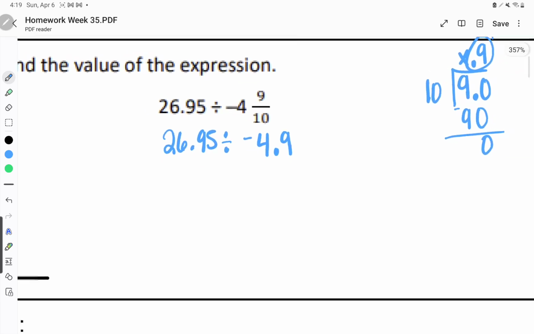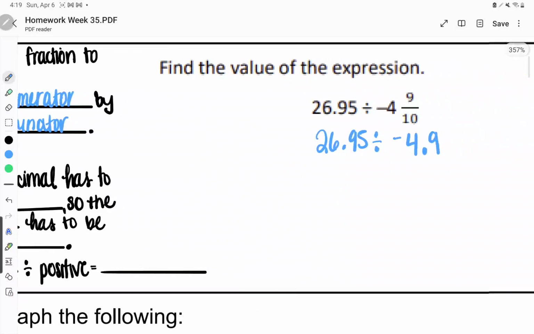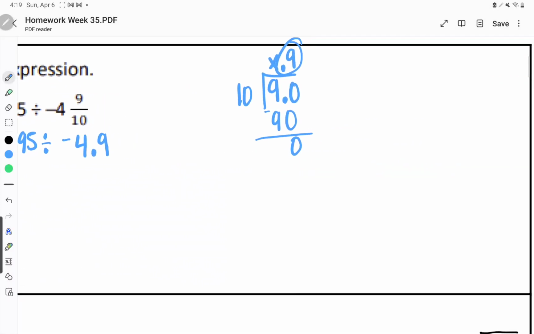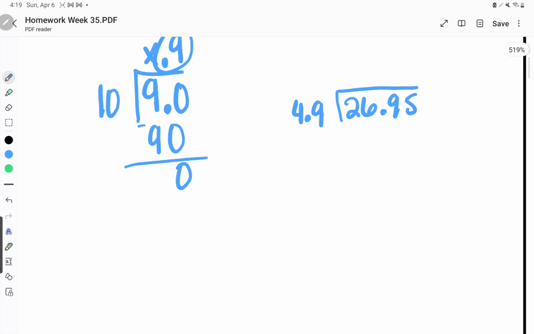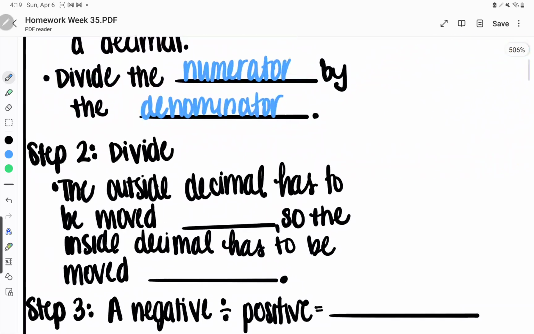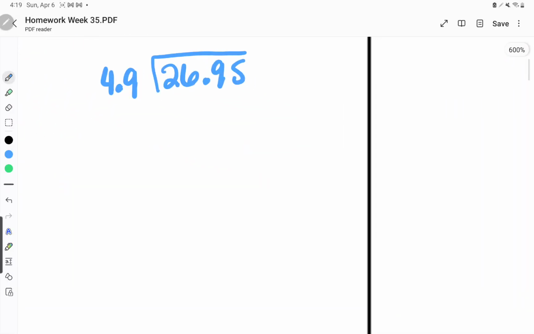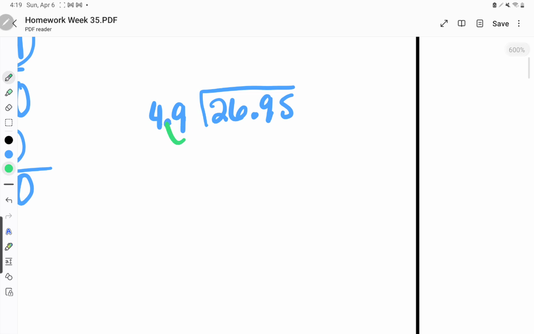Now what do we do? You just divide. So we have 26.95 that goes on the inside, and if you guys hear any weird noises, that is just my cat, divided by 4.9. Now we have a problem here, and so the outside decimal has to be moved once.